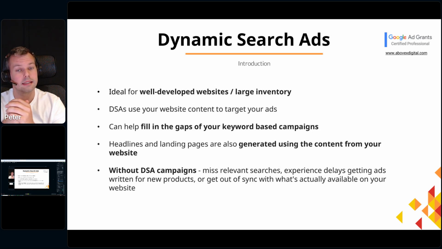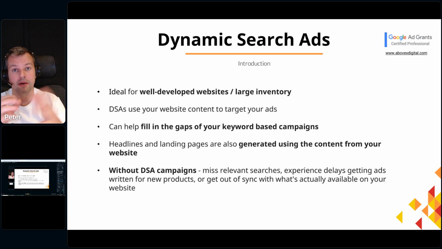That's because these DSA campaigns automatically pull keywords from your website. It can be the whole website or just a few pages that you select. But the key point here is that Google extracts the keywords that they use to index your page. They extract them automatically and then use them for targeting.